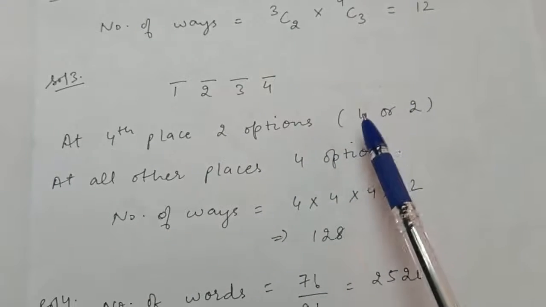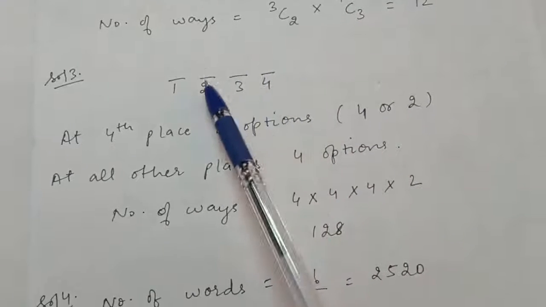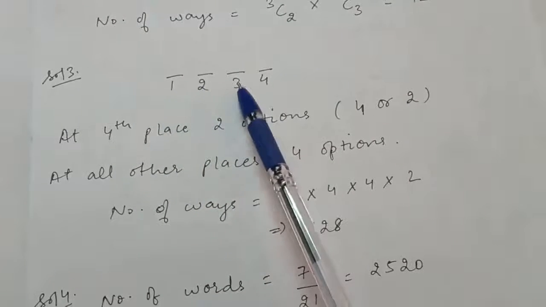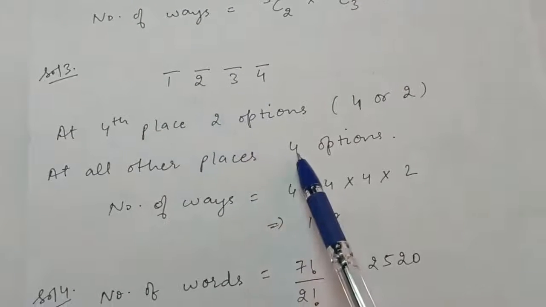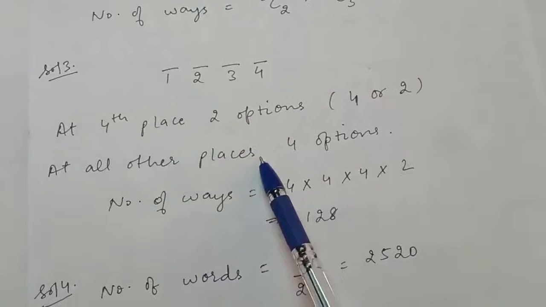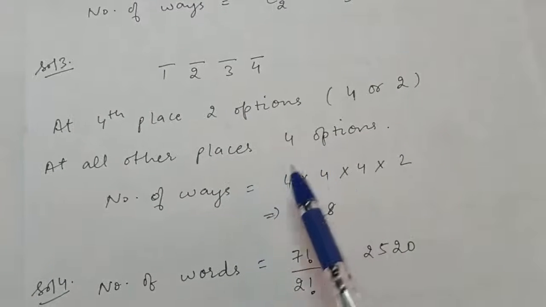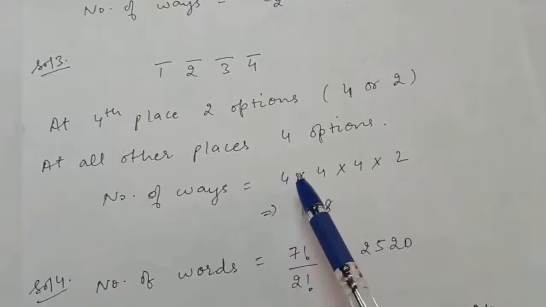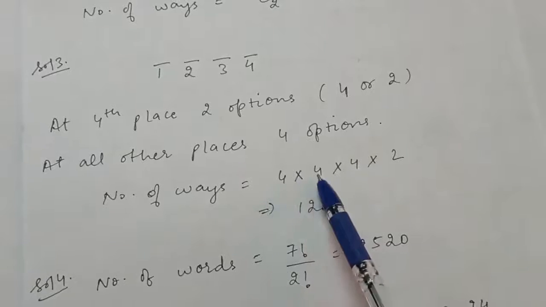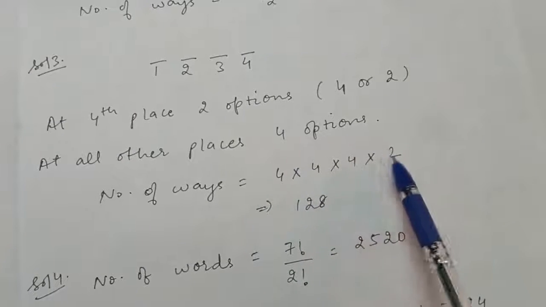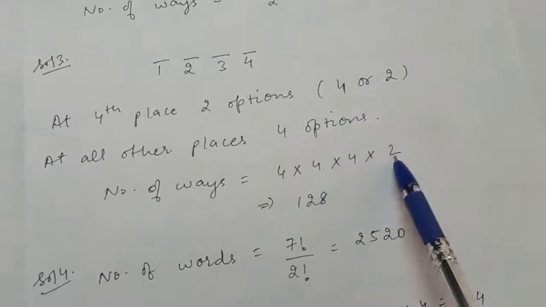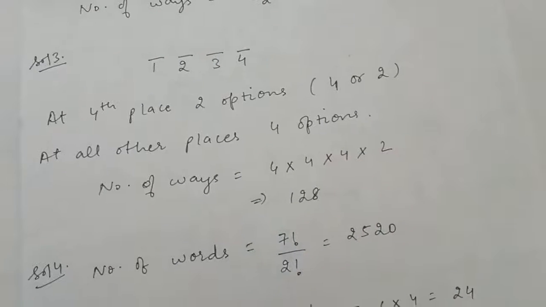And because digits can be repeated, all the other left places can be filled with any of the 4 digits, right? So all other places have 4 options. Therefore total number of ways will be 4 options for first place, 4 for second, 4 for third, and 2 options for the 4th place. That is in total 128.